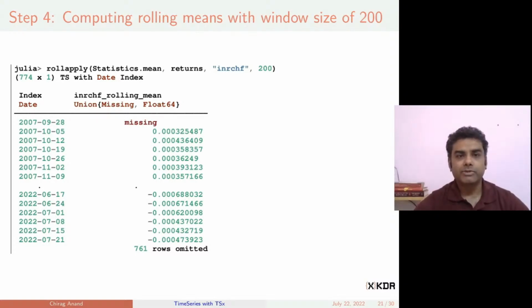We use the function rollapply. We use the Statistics.mean function, apply it to the returns object and the INR CHF column, and the last argument is the window size, and this is the result of this operation.